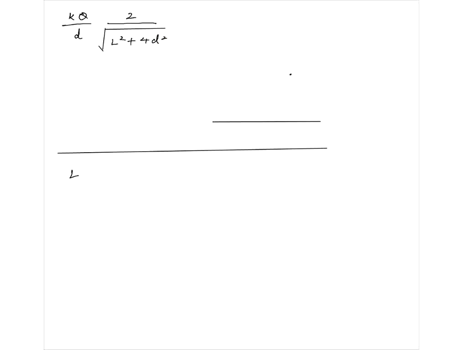So if L is huge, then the result becomes this. And Q by L is charge per unit length. We often use lambda for this.